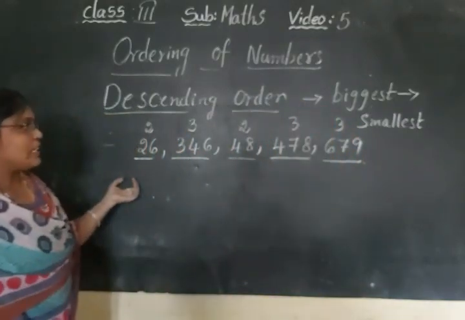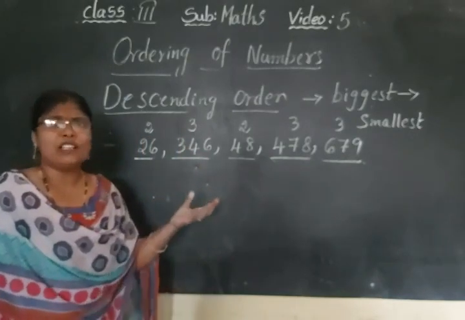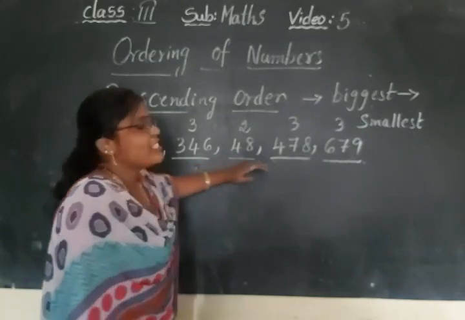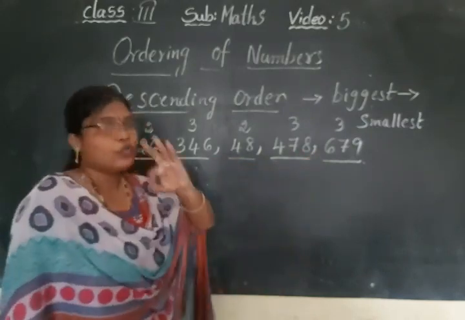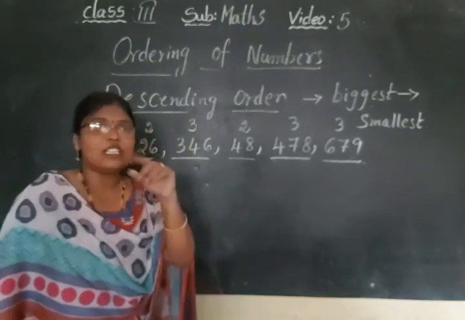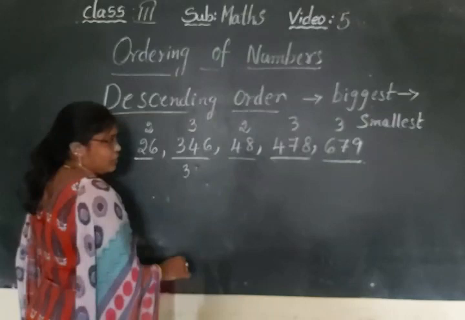So among these, what is the biggest number? 3-digit numbers are always bigger, of course. How many 3-digit numbers we have here? 3. So what you have to do? Compare the first digit. Right. So what is the first digit here? 3.